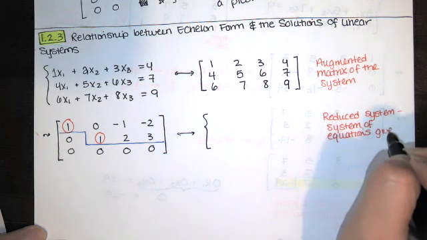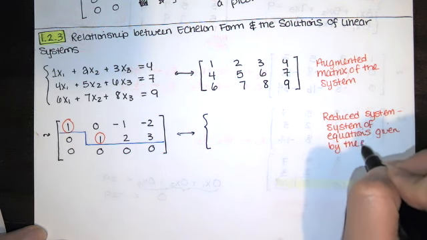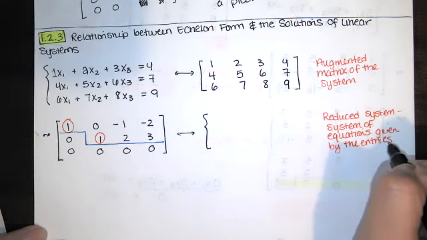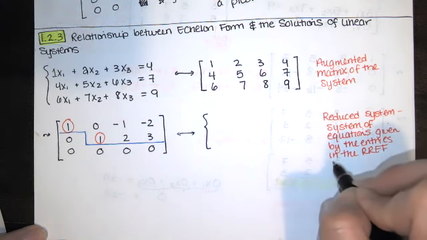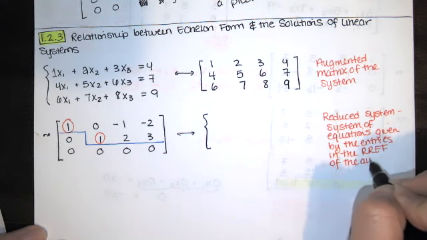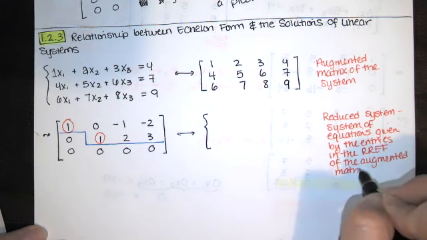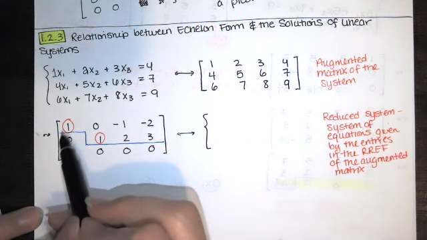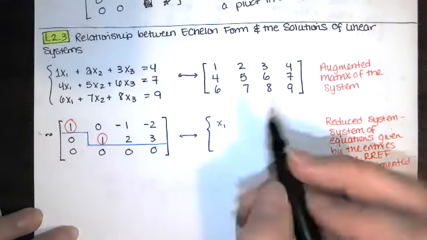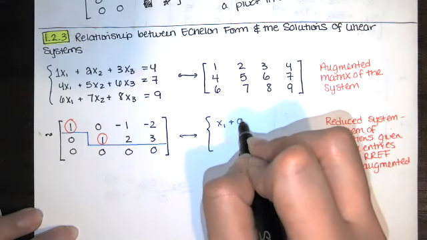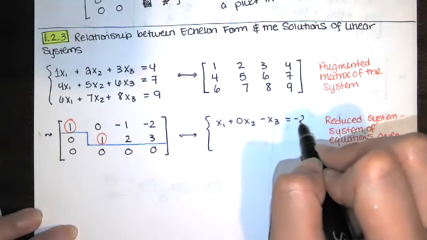And this system of equations is given by the entries in the reduced row echelon form of the augmented matrix. So this first row tells me that 1 times x sub 1 plus 0 times x sub 2 plus -1 times x sub 3 equals -2.